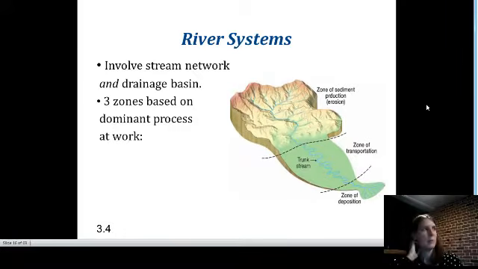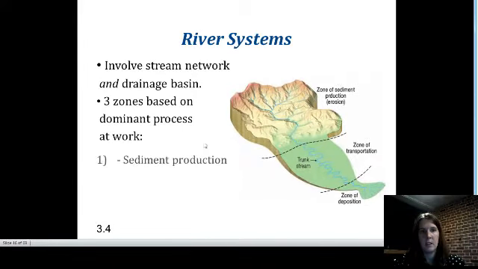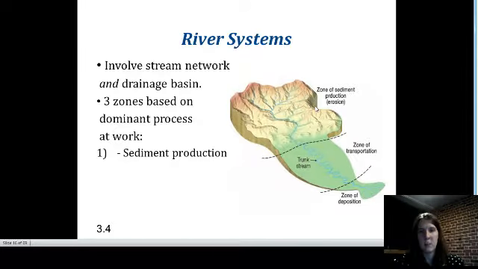Okay, once we define a drainage system, we need to actually talk about the river system because river systems aren't uniform their entire path. So a river system involves the stream network contributing to it, the drainage basin it's located in, and then the river development downstream. It can be broken into three sections. You've got your zone of sediment production, so your areas of high erosion.